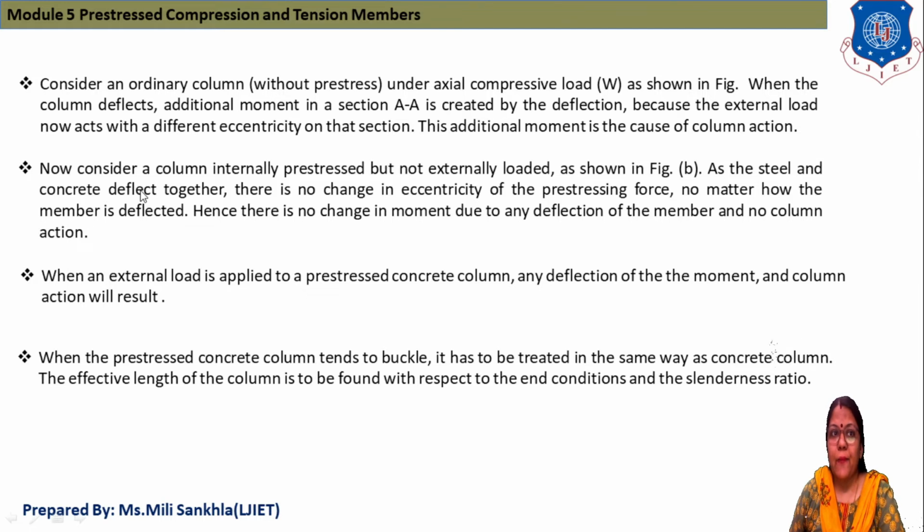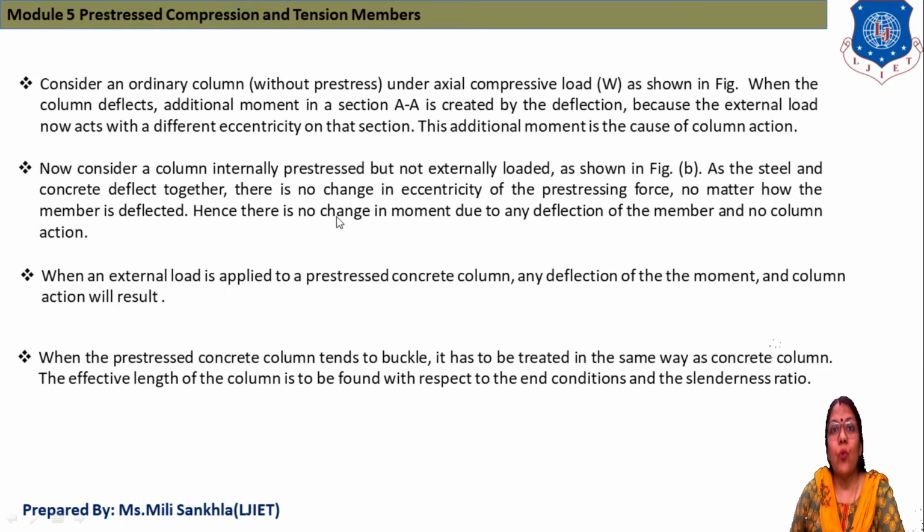Now second case, consider column internally prestressed but not externally loaded, as figure B. As the steel and concrete deflect together, there is no change in eccentricity of prestressing force, no matter how the member is deflected.